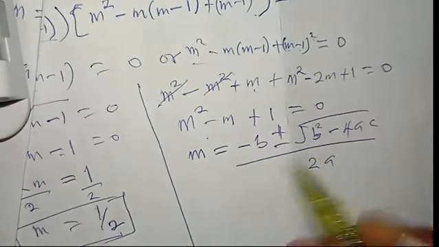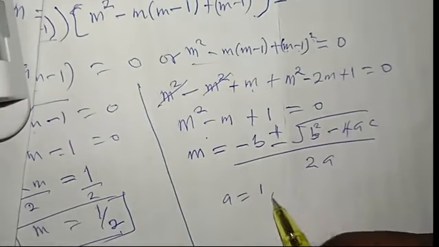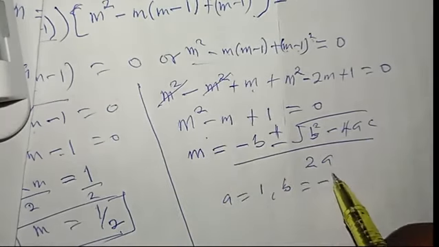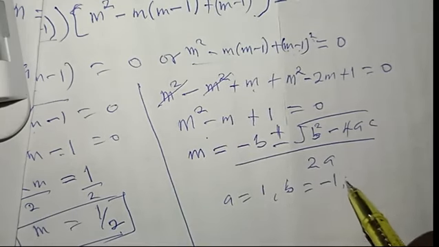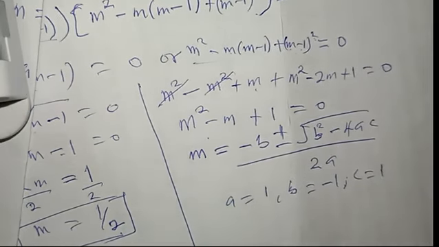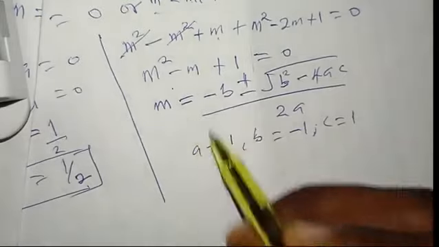And so in this case, our a is equal to 1, that is the coefficient of m squared. b is equal to minus 1, and that's the coefficient of m. And then c will be equal to the constant, which is just 1. Okay, so moving on, I'm going to substitute all of this.